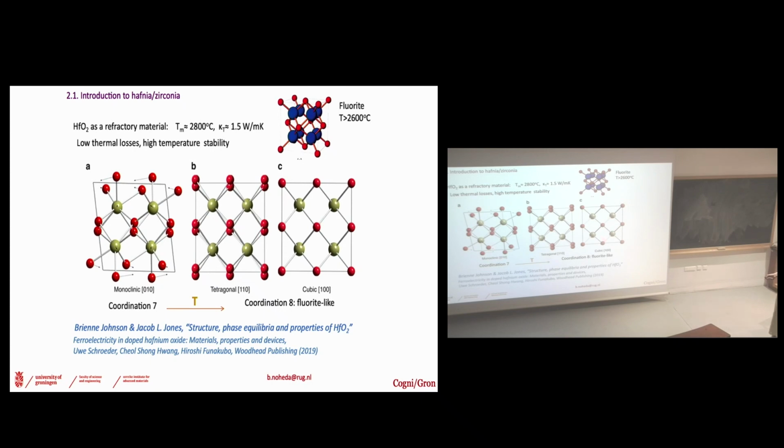It's also interesting to see that the cubic phase is a fluorite structure. The tetragonal phase is a distortion of this fluorite structure, but the monoclinic phase is actually quite different, with a different coordination. So here you have coordination 8 with the oxygens, and here you have coordination 7. So even though this is the phase transition path, this structure is actually quite different from the others.